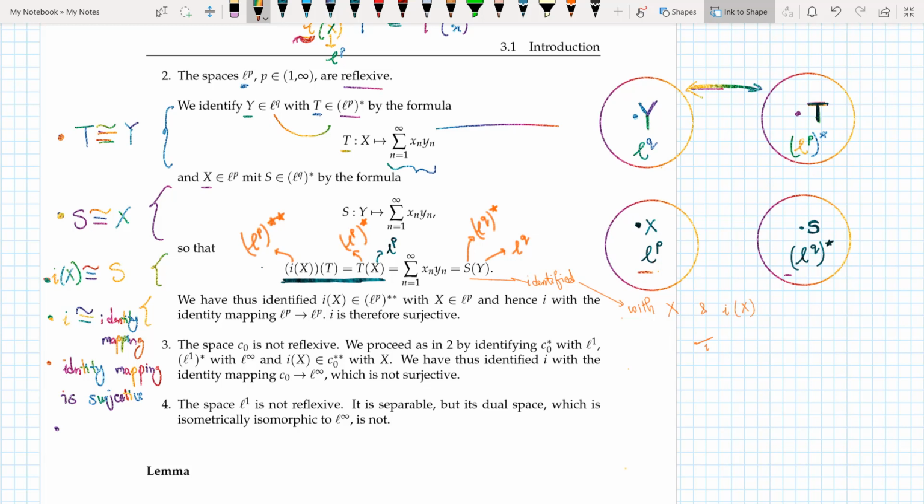Again, in a similar way, X is identified with S. Since Lp is isometrically isomorphic to Lq star, the elements here can be identified with each other.